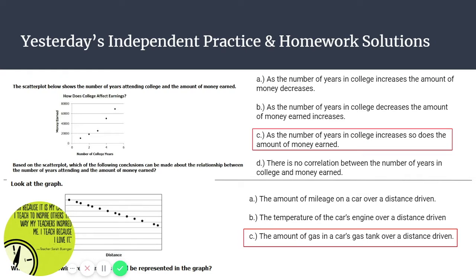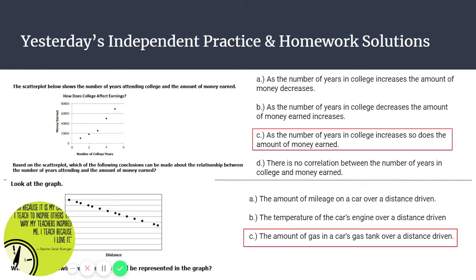For the second one, it asks you, in looking at the data that is on the graph, what could be represented in this graph? C is the only correct answer because the amount of gas in a car in the tank over a distance driven. So we know that when we're driving a car, as we said yesterday, the more miles you drive, the less gas you have remaining in your vehicle.